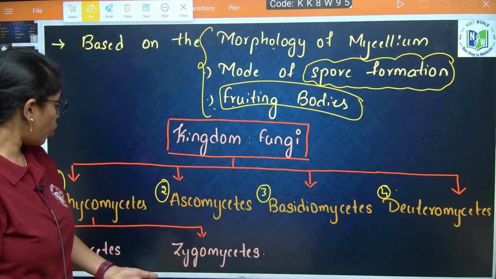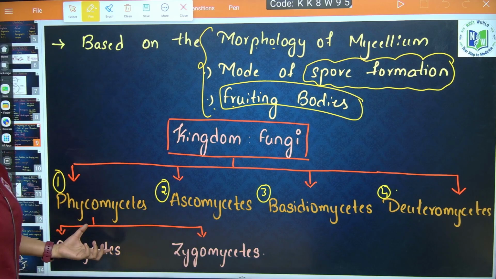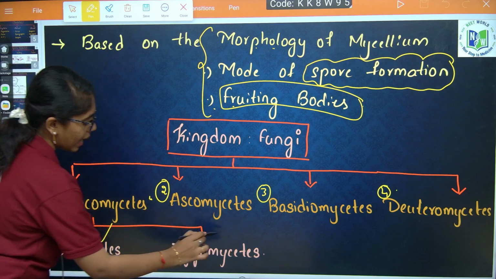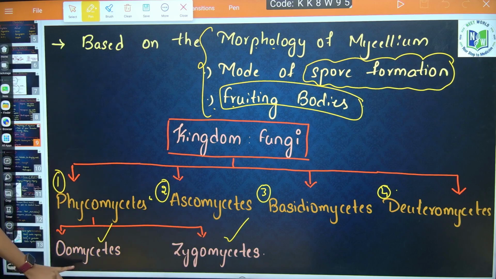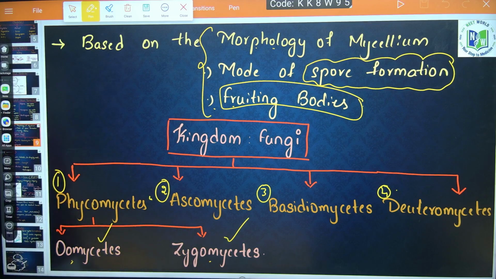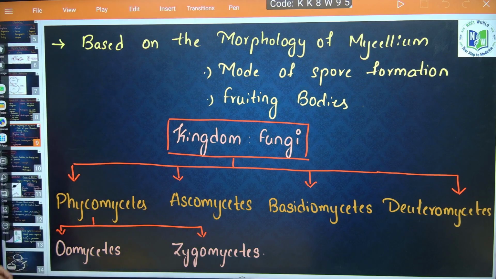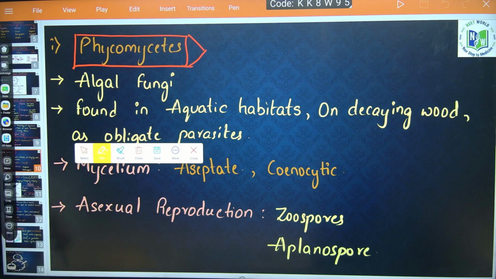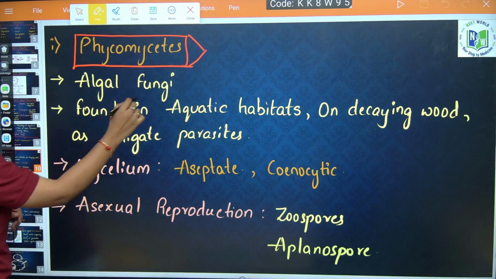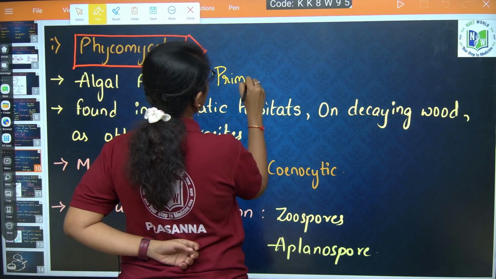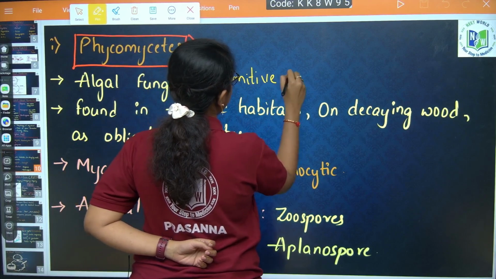Again, based on the spore formation under sexual reproduction, Phycomycetes are classified into Oomycetes and Zygomycetes. Oospores are formed in Oomycetes, zygospores are formed in Zygomycetes. Next, looking into Phycomycetes in detail, what is it also called? Algal fungi. Phycomycetes is also called algal fungi or primitive fungi.